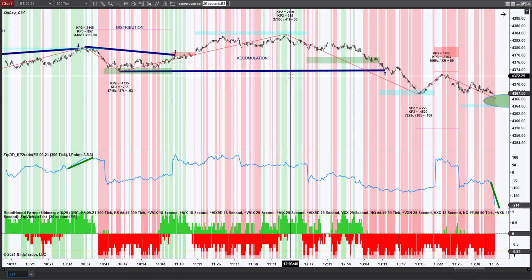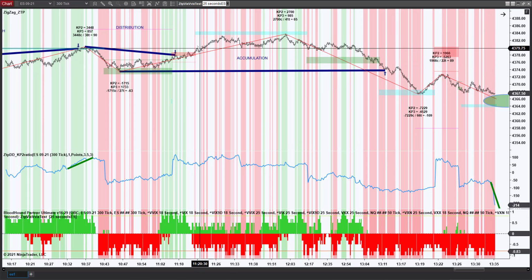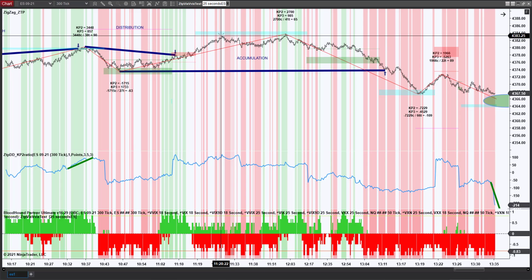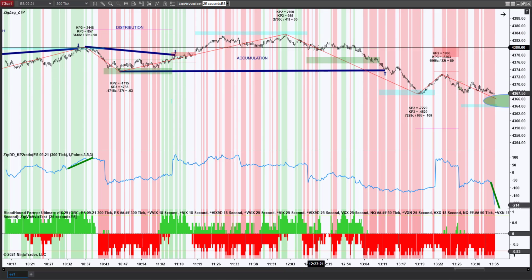As I was editing the video, I also wanted to point out what was going on right here as we were making this high and about to go into this 16-point reversal. Basically, again, what you see down here is Bloodhound is giving us a 50-50 signal.